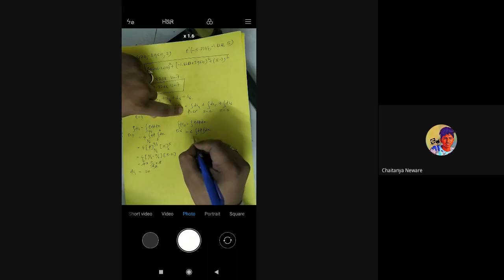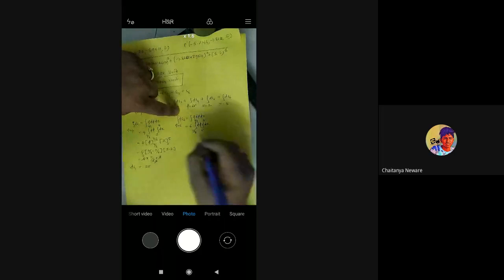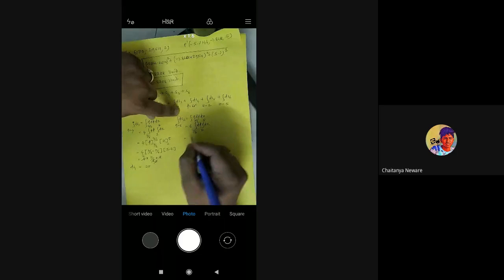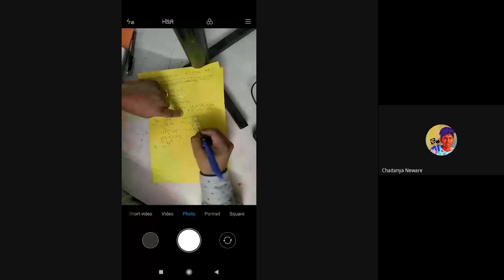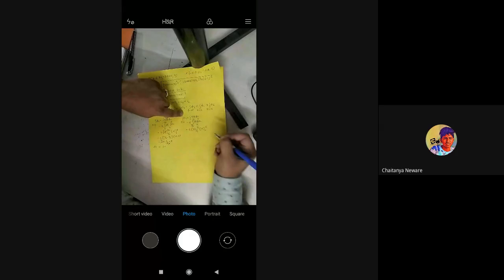The limit is pi by 6 to pi by 3, meaning 30 degrees to 60 degrees, and z from 2 to 5.